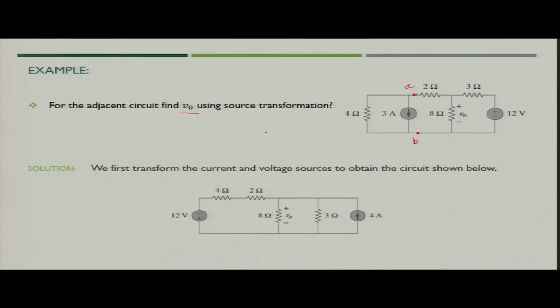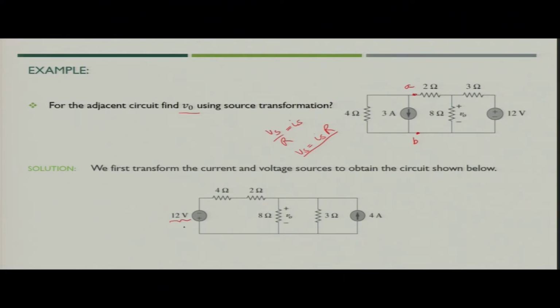So, what we discussed, what was the value of Vs upon R? Vs upon R is equal to Is. So, Vs is equal to Is into R. So, what would be the value of Vs? Vs is equal to Is into R. So, this will become 12 volt.